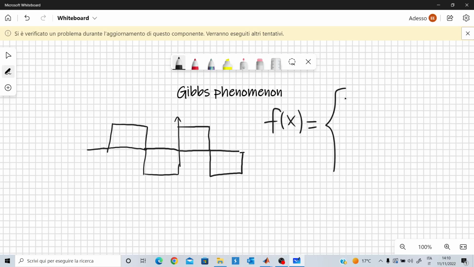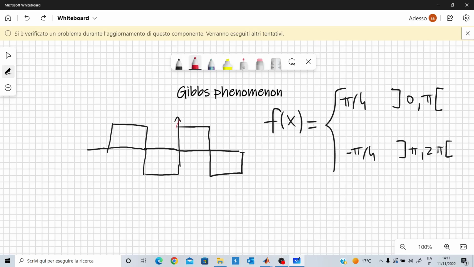The function will be equal to pi over 4 if x belongs to the interval (0, pi), and it will be minus pi over 4 if x belongs to the interval (pi, 2 pi). Now, I'm excluding 0, 2 pi and also pi because it is exactly where there is a jump.